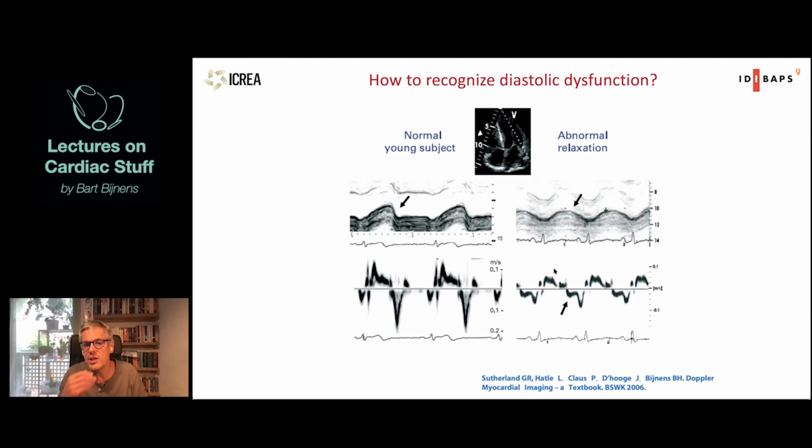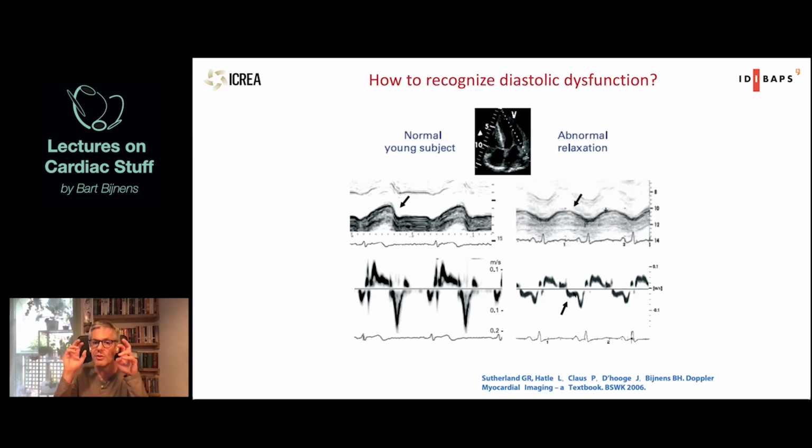One of the advantages of this is that, while I said that the filling velocity, so the E wave, will increase with abnormal relaxation or with a very stiff ventricle, because of the early, very high pressure gradient between the atrium and the ventricle, because it's so stiff that it doesn't come back, so there is no real filling, what you will see is that this E prime is actually decreasing all the time.